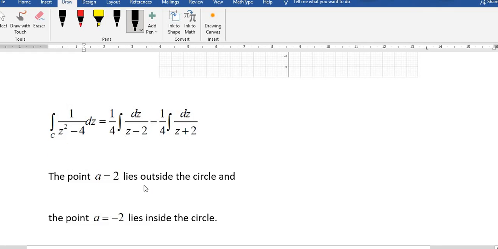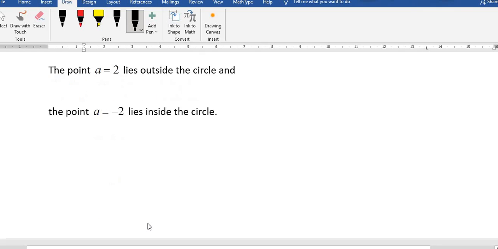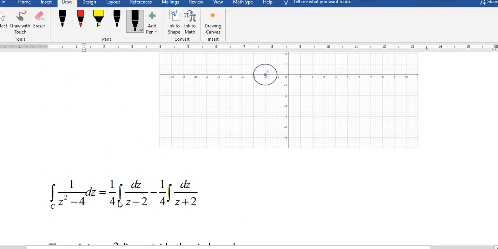So a equal to 2 lies outside the contour, and a equal to minus 2 lies inside the circle. For the first one, we are going to use Cauchy's theorem. For the second one, we are going to use Cauchy's integral formula.